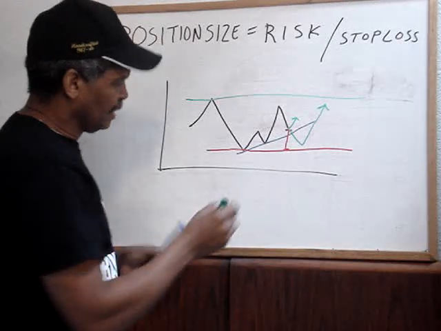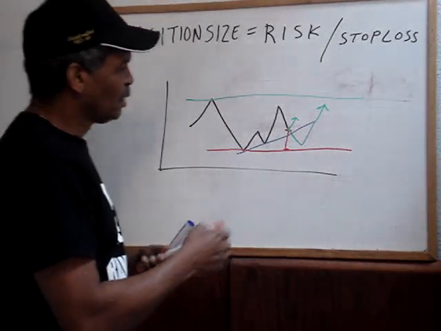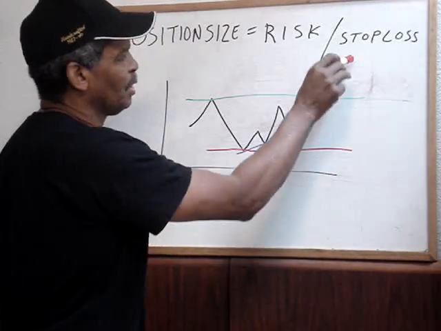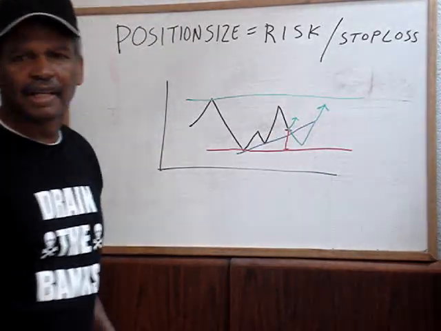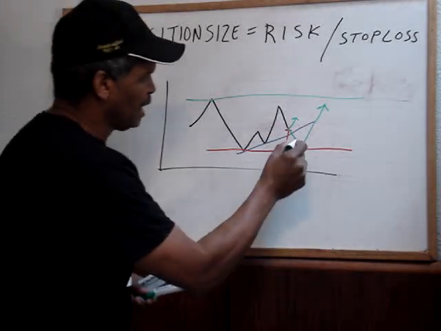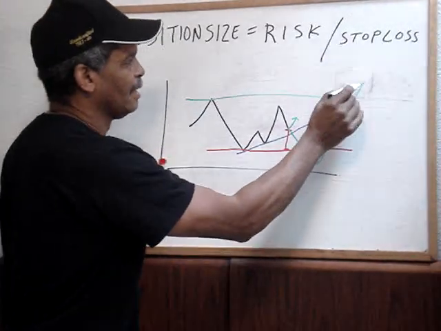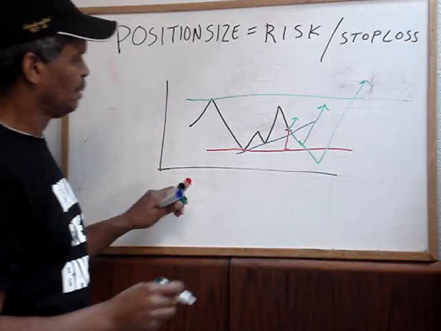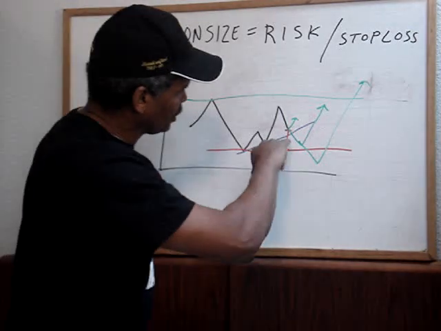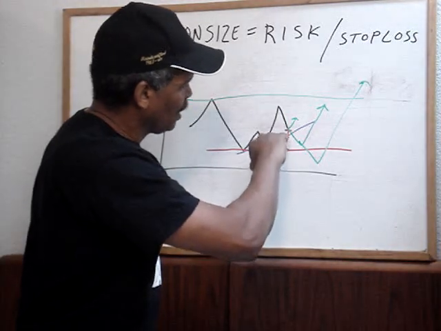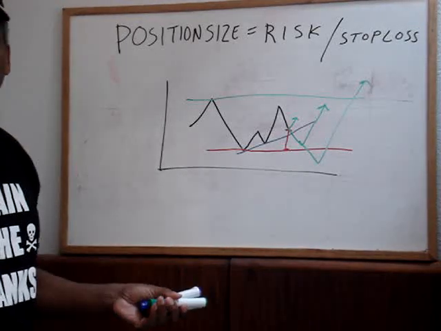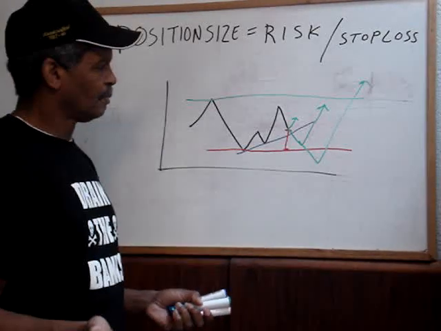If this is the high and this is the low, then price is either going to stay between here, break out of one side, break out of the other, or break out of all sides, the top and the bottom at some point in time. In other words, price could do that. That is a possibility. So to take a stop somewhere above this line, to me, you're just asking to take an unnecessary hit.